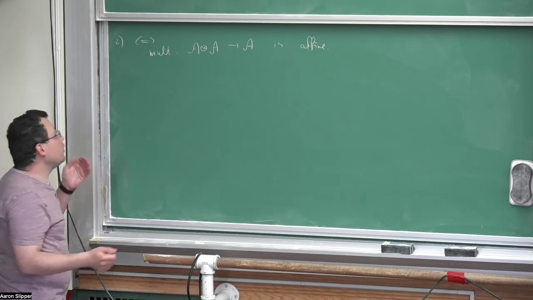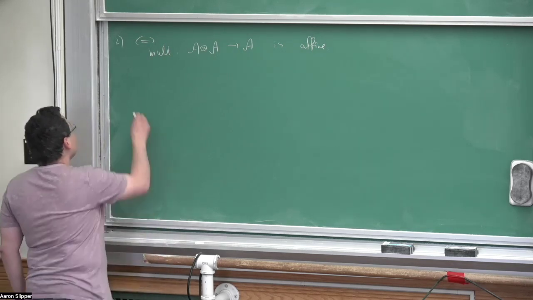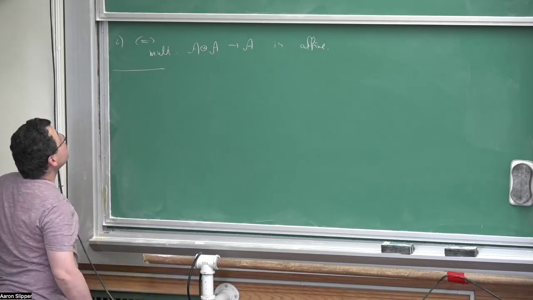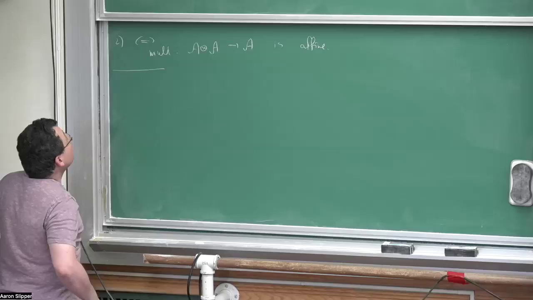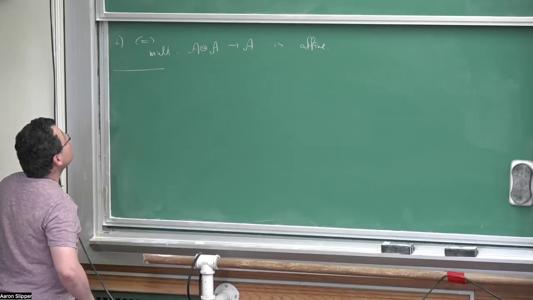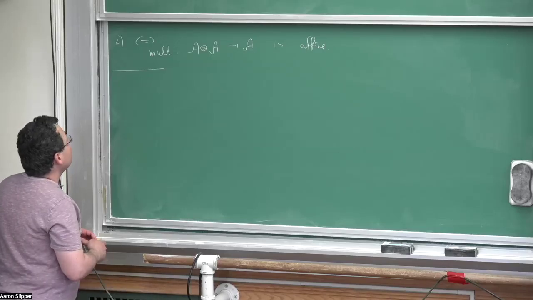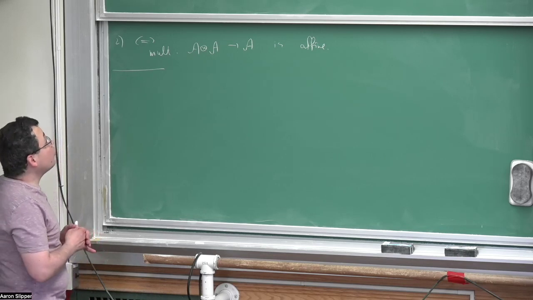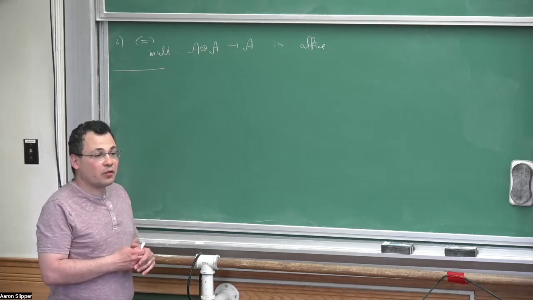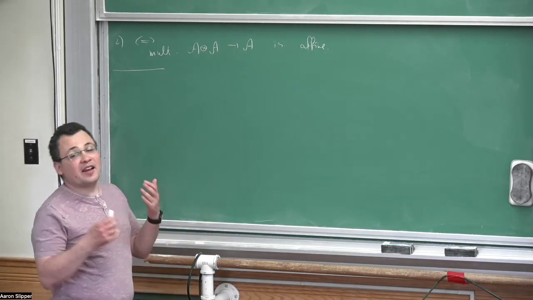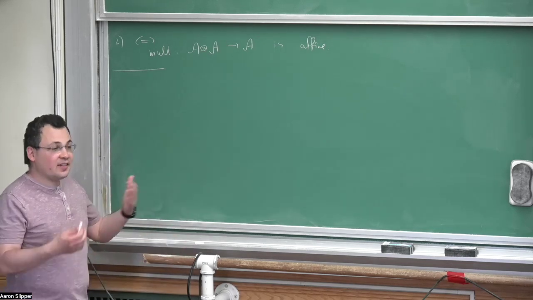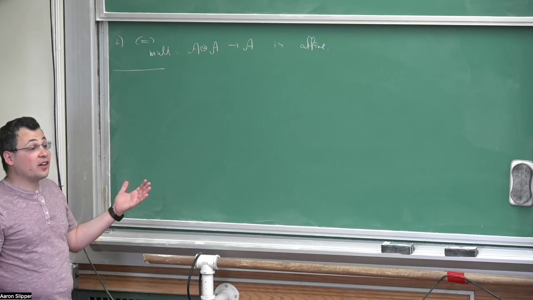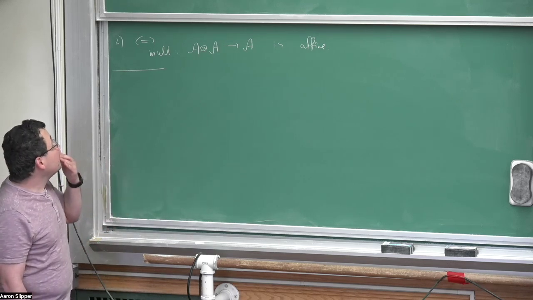Okay, so anyway, if A is QCoh, this is the same thing as saying the diagonal is affine. For instance, if the diagonal is affine, then that is satisfied. But more generally, for instance, if the diagonal is quasi-affine.